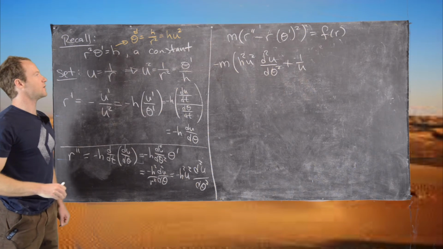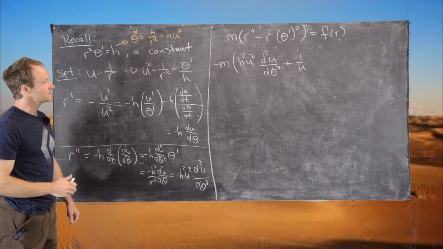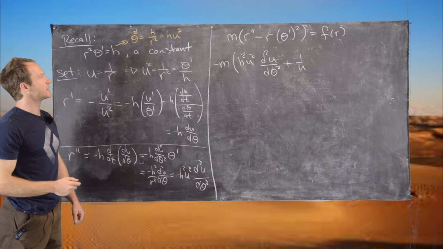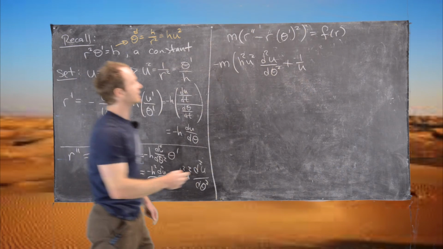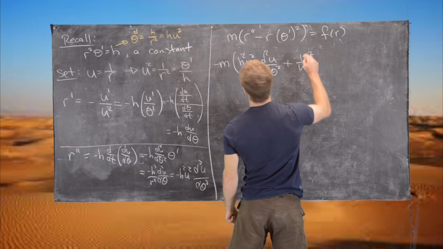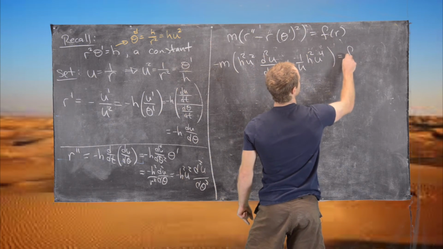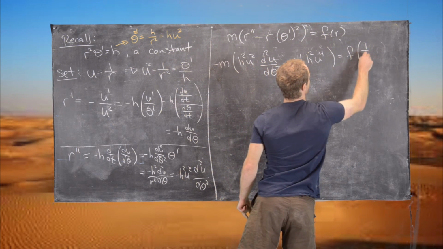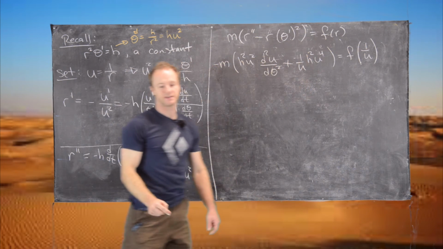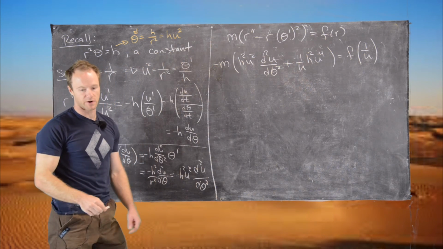So now we're going to square that, we'll get the following. So this will give us h squared u to the fourth, and now we have that is equal to f, and then instead of r, we'll write 1 over u, because u is 1 over r, so r is 1 over u.